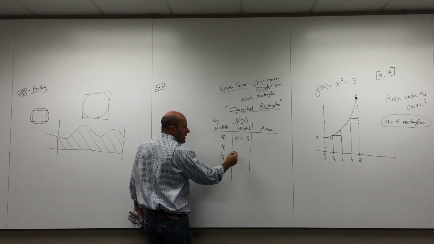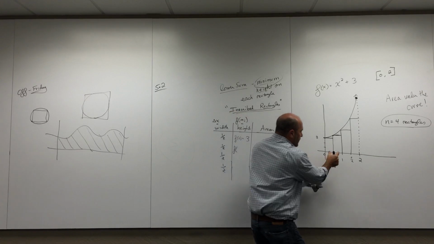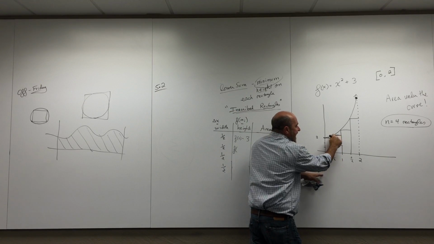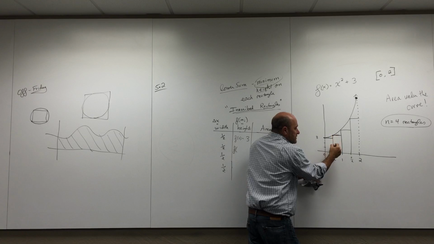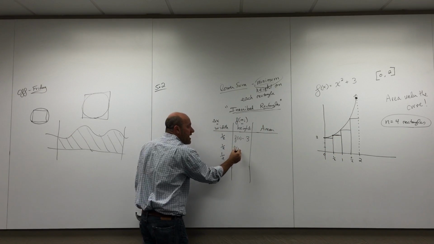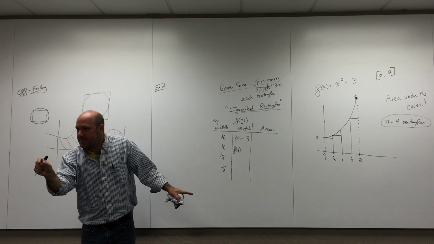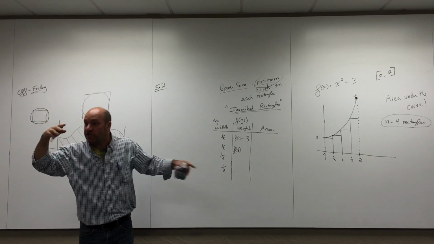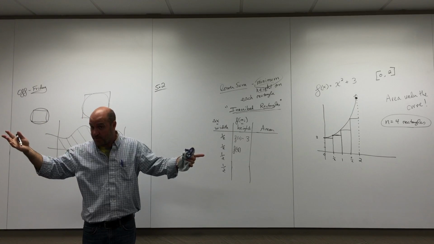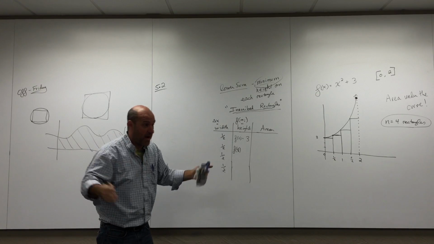For the second rectangle, what do I plug in? So for the second rectangle, to get that height, I need to use this x value. Good, thank you. So I'm plugging in a 1/2. The 1/2 ain't the height. The 1/2's the x value you plug into the function to get the height. You guys with me on that? The function value is the height. The function value is the y value.